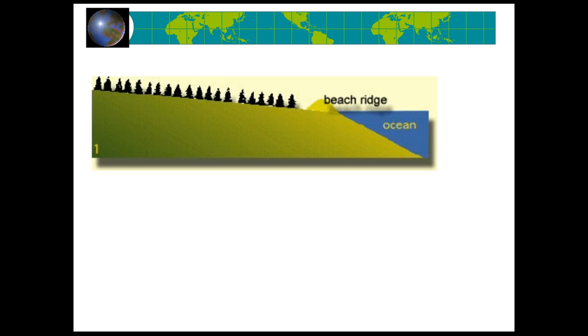A number of ideas have been suggested to explain barrier island formation. The most widely accepted is the mainland beach detachment hypothesis.